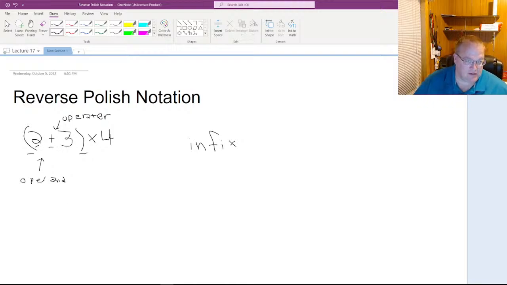But so this one, I would say 2, 3, plus 4 times. This is what's called postscript, or postfix notation.